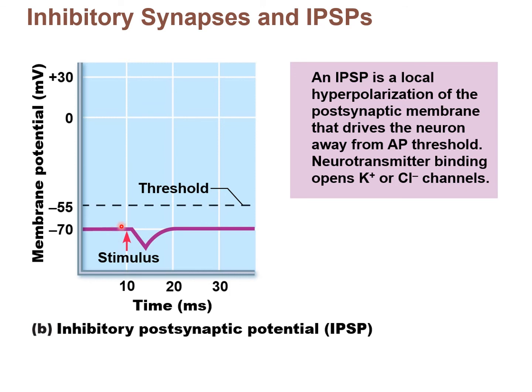So this type of stimulus is inhibitory, an IPSP, an inhibitory postsynaptic potential. Always remember it's hyperpolarization that causes the inhibitory postsynaptic potential. And what we already saw before, it's depolarization that causes excitatory postsynaptic potentials.